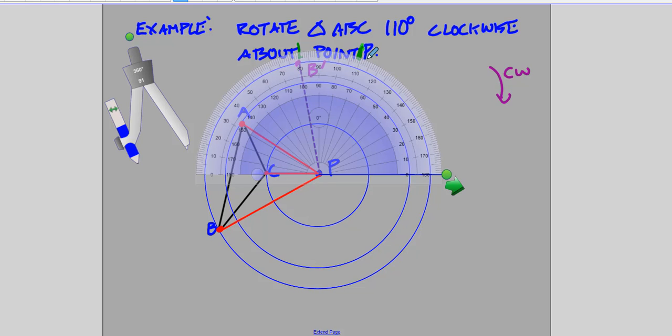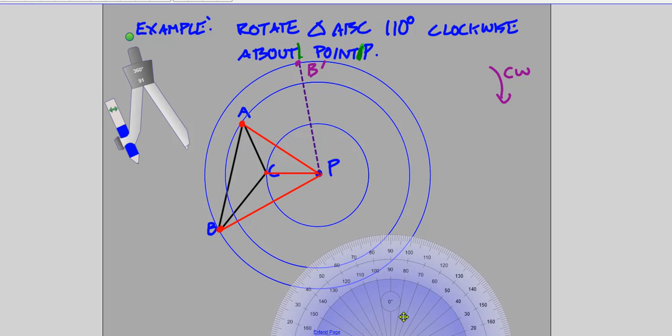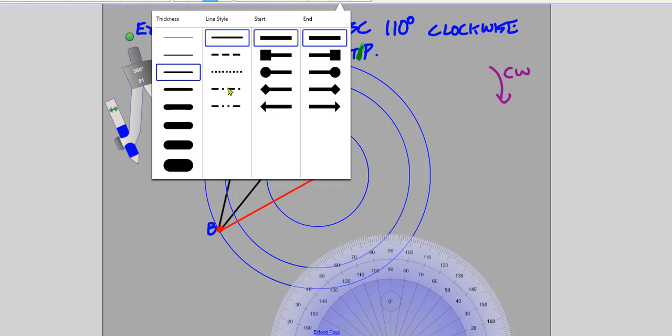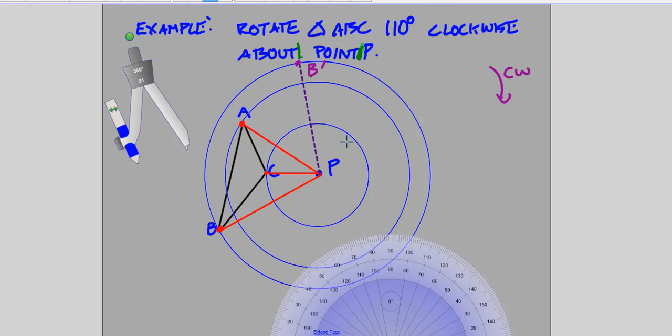So 110 is right there. Let's move the protractor out of the way again. Now I'm going to draw a purple dashed line segment from the center to here. Now this is for C, so where that purple dashed line segment intersects the circle here, that's going to be C prime.